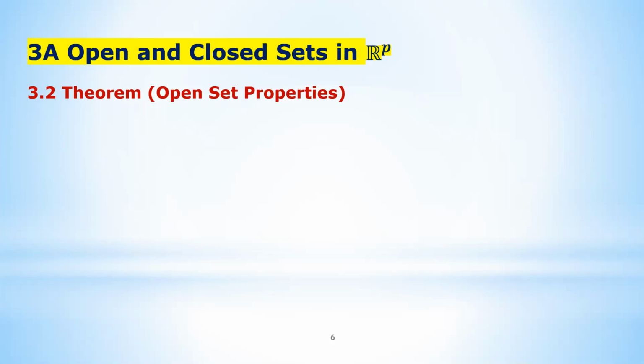You can perform all different kinds of operations. Now the question is, after this operation, whether the new set will still be an open set. This theorem will tell us that. As long as the union and the intersection are concerned, the resulting set will still be an open set in some sense.